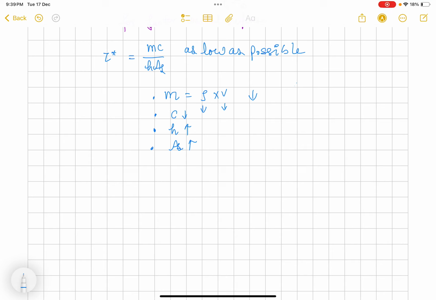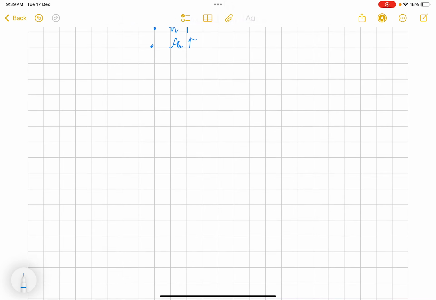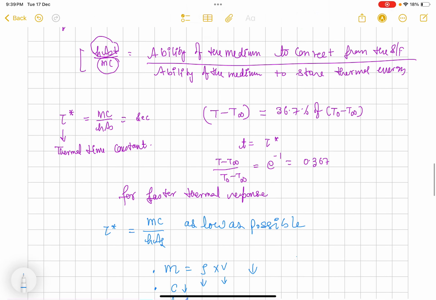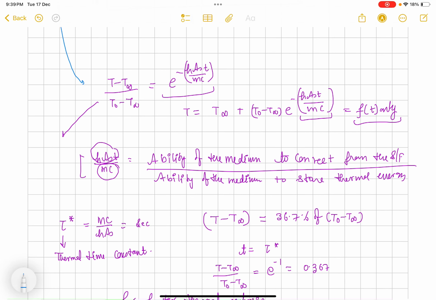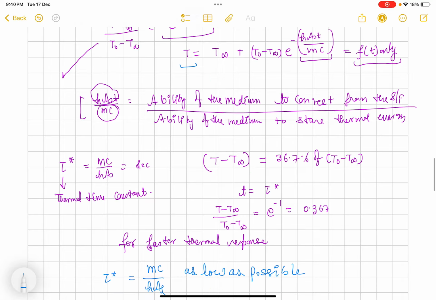So now we will look at the further analysis of this lumped capacity, lumped body. We have this relation, right? And suppose we want to find the instantaneous rate of cooling, meaning at what rate the temperature of the lumped body is changing. So how to find that?